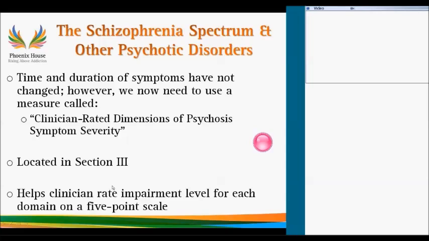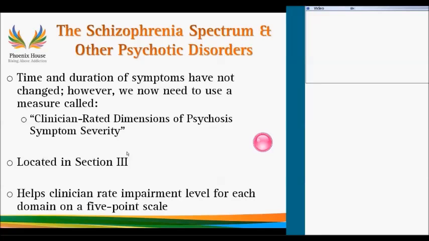One of the things I do want to point your attention to is that there is, in Section 3 of the manual, clinician-rated dimensions of psychosis to help you with how to rate symptom severity. The idea is that the task force for the DSM really felt like, okay, we're spending a lot of time on the severity index, and psychosis is severe. Having hallucinations and delusions and that level of impairment in functioning already is very severe.